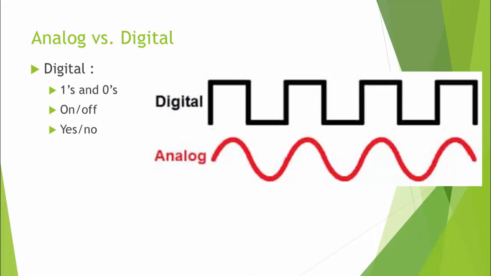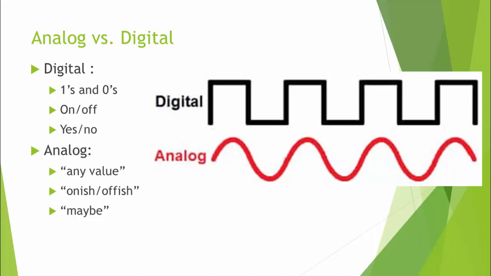So digital implies ones and zeros, on or off, yes or no. Analog, sometimes we've taken it to mean old-fashioned, but analog can have any value, theoretically any possible value if you ignore quantum mechanics. Another way of looking at it is instead of on or off, it's on-ish, off-ish, and instead of yes, no, it's maybe.